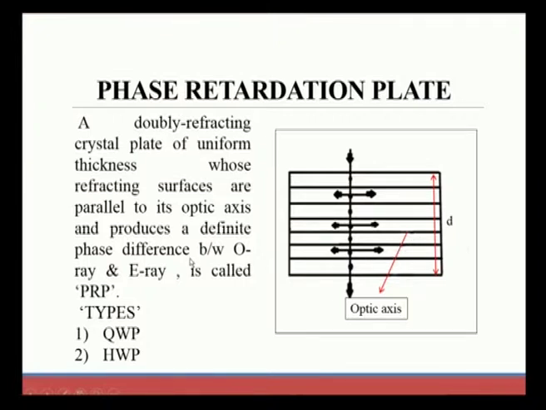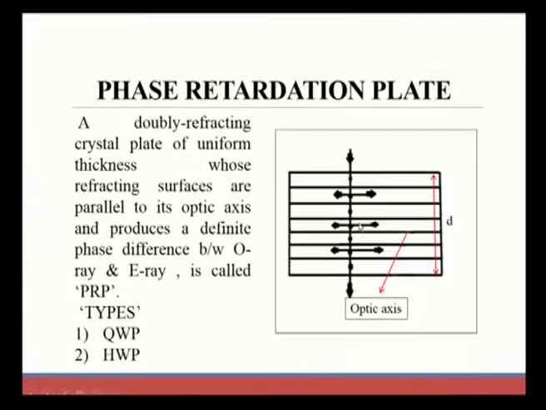Whenever the incident ray produces an E ray and an O ray due to double refraction, the E ray and O ray should have a certain phase difference. To maintain the phase difference between the E ray and the O ray, we construct different phase retardation plates that create a phase difference, or we can also achieve a path difference, between the E ray and the O ray.